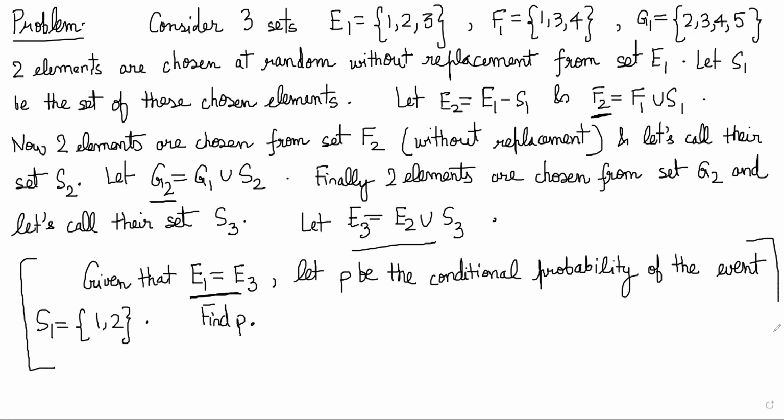What is our desired outcome? Our outcome is P, the conditional probability of the event S1 is equal to {1, 2}, right? So I will just try and analyze this question now. So we'll go over to the next screen and we'll say, finally, what do I want?